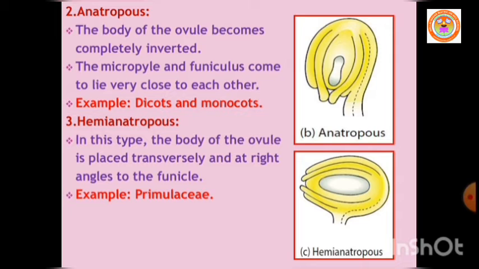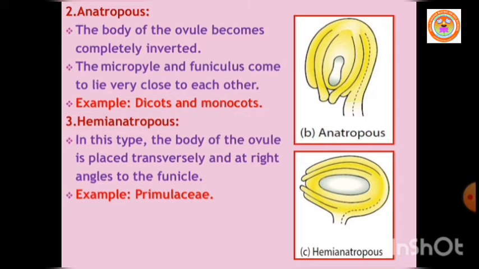The next type, the third one, is hemianatropous ovule. In this type of ovule, the body of the ovule is placed transversely.